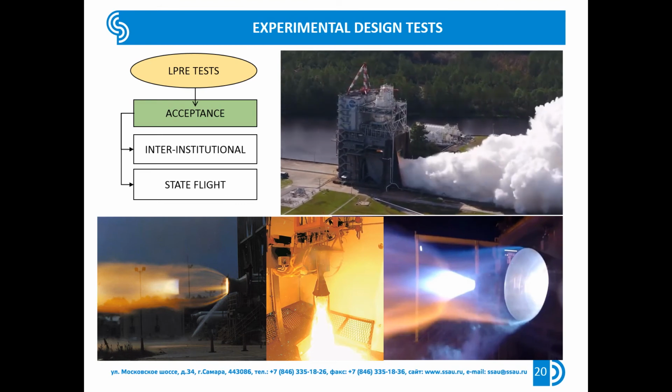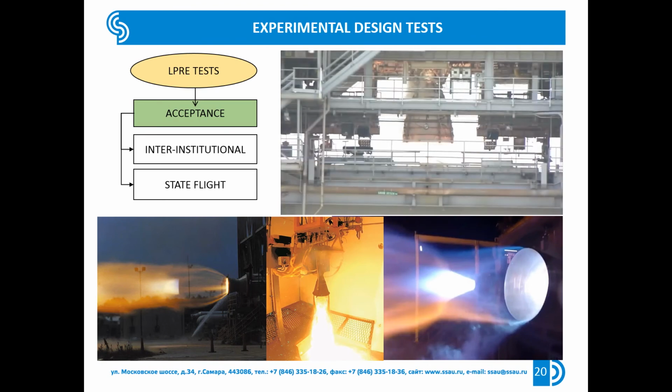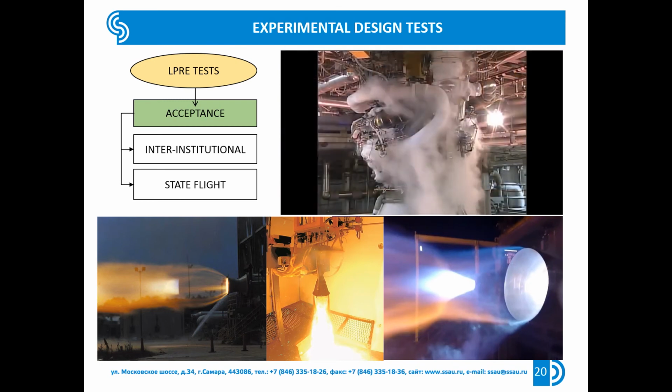Their successful completion is the basis for recommending that the LPRE be put into series production. Technical documentation corresponding to the LPRE that passed the interinstitutional tests is standardized. In some cases, interinstitutional tests of the LPRE are combined with institutional tests of the propulsion system.